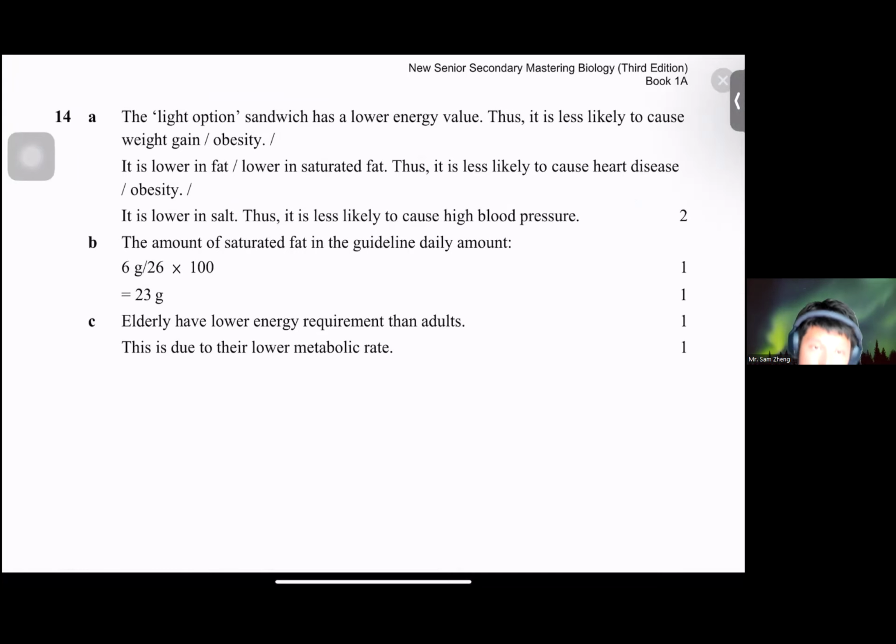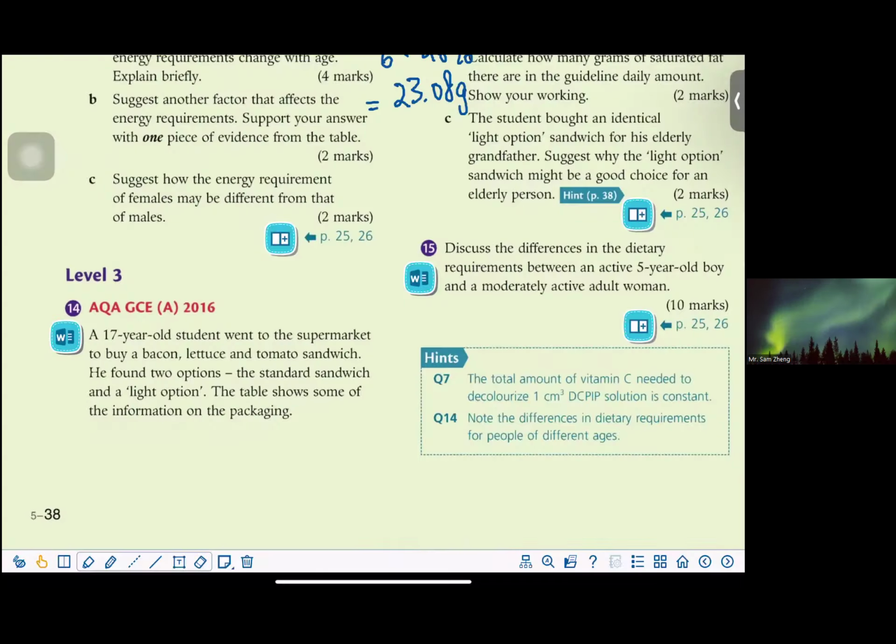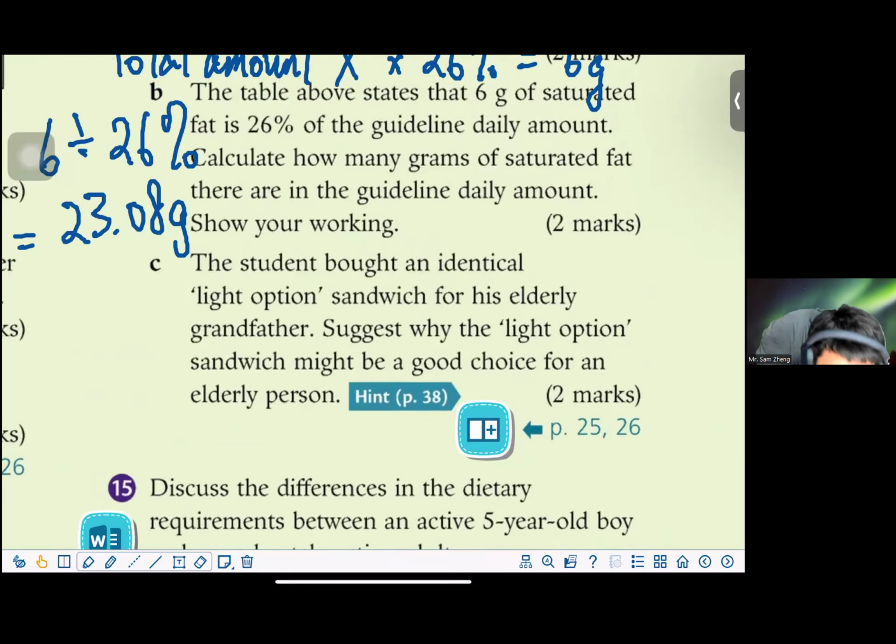This is because of their metabolic rates. So they do not need that much energy intake. The energy intake will be reduced because of their age. So, in order to prevent obesity in the elderly, a better choice is to provide the elderly person with less energy intake.